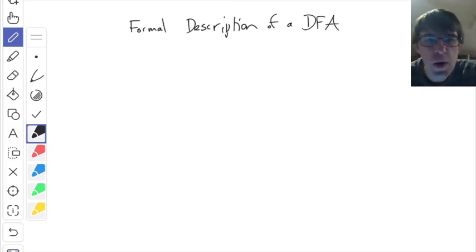I don't know if you noticed, but all this time we have been discussing what our book would call the informal description of a DFA. And what's informal about it is I just sort of said a DFA is this thing with these circles and the arrows. This is a bit informal just because the circles and the arrows or whatever are not really traditional mathematical things, right?